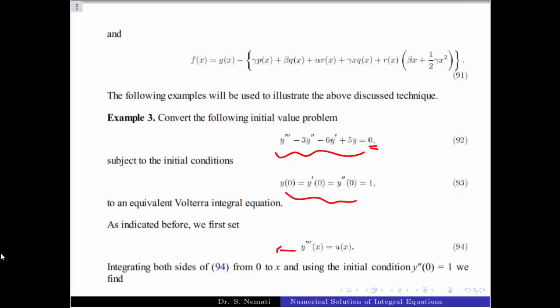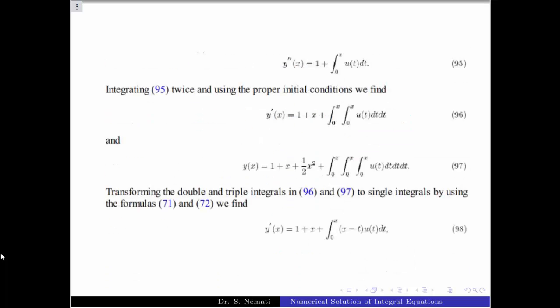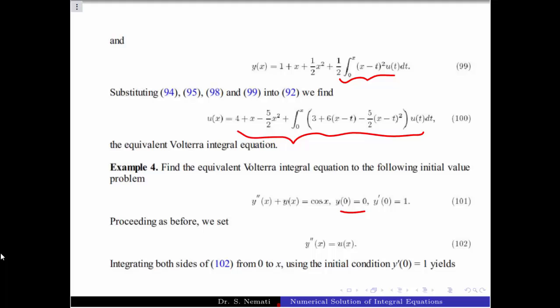So, using the same procedure here, we suppose that the second order derivative of y equals u, so here we have u. We find equivalent expressions for y of x.